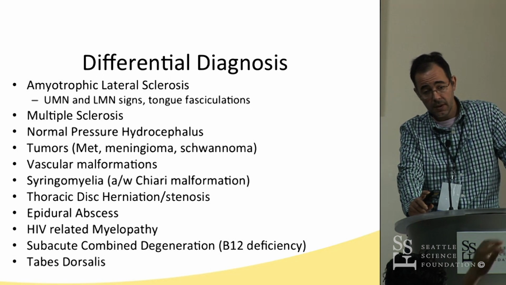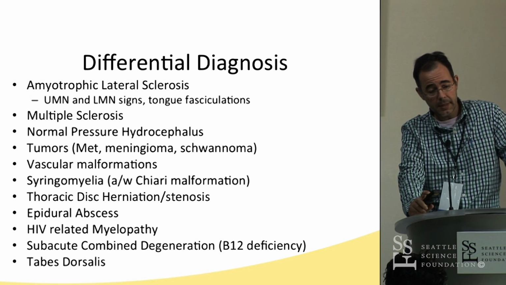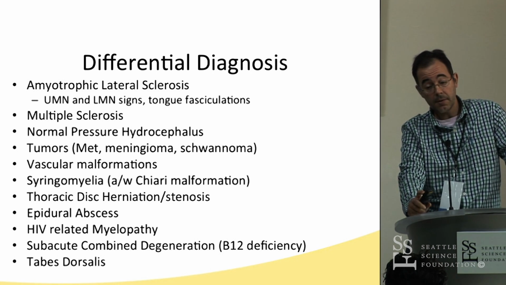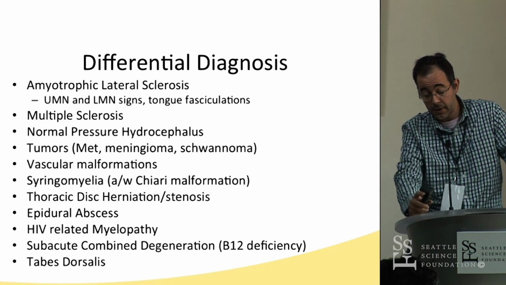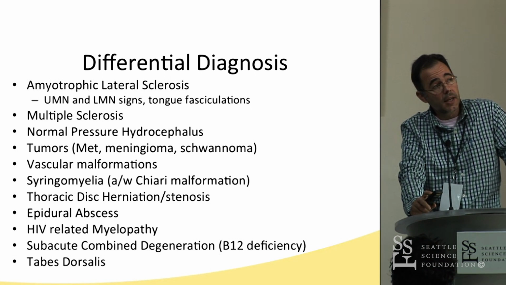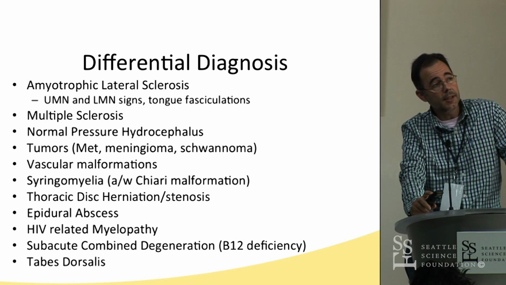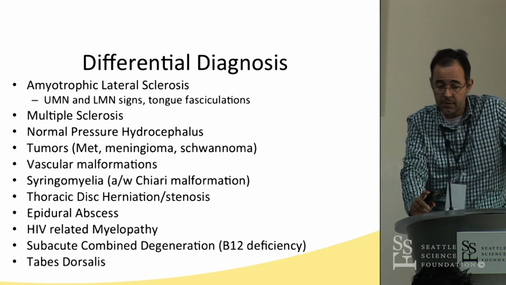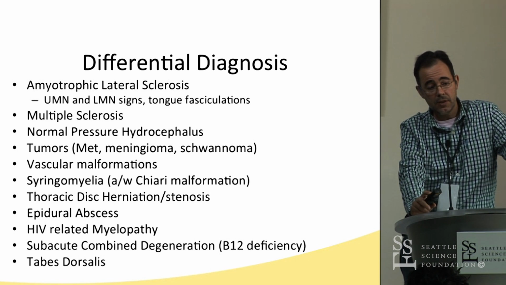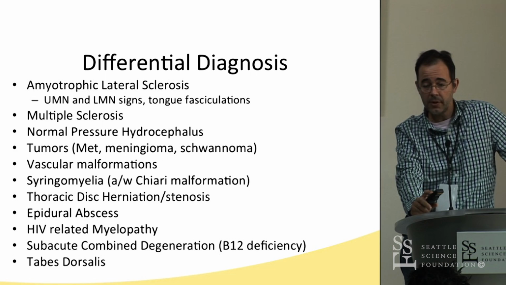Fortunately, they're not missed very often because they're rare. However, they do exist, and you've got to watch out for it. So the differential diagnosis of these disease processes is extensive, and it's important to review the potential causes of these disease processes that can lead to similar presentations.